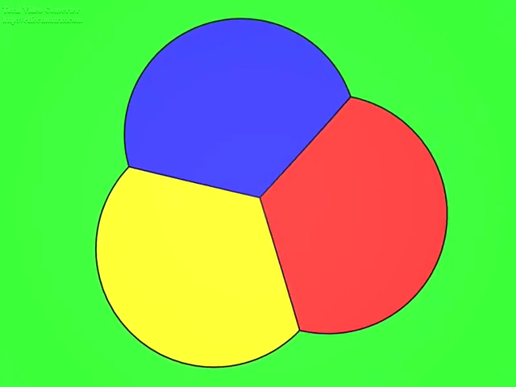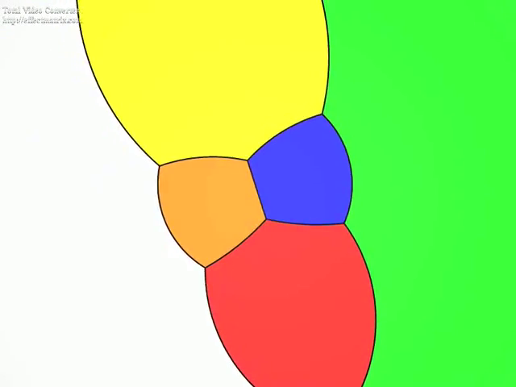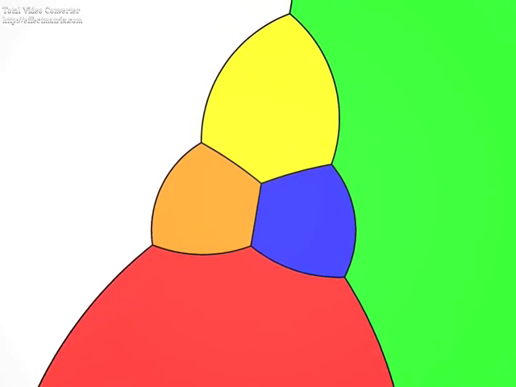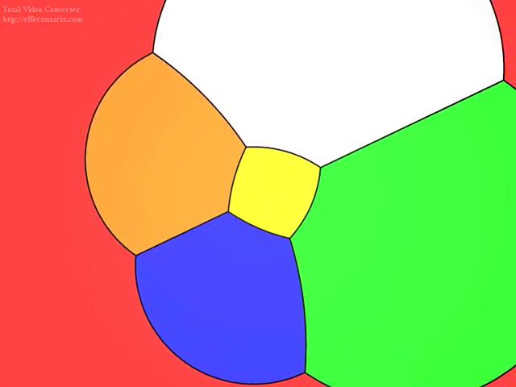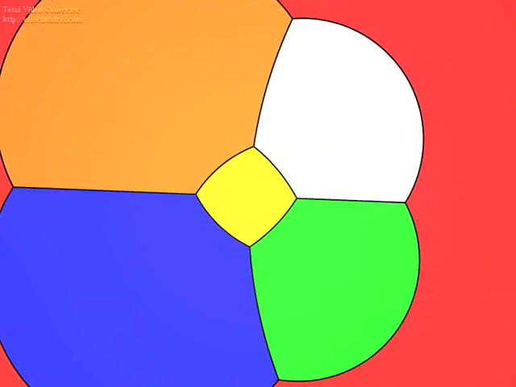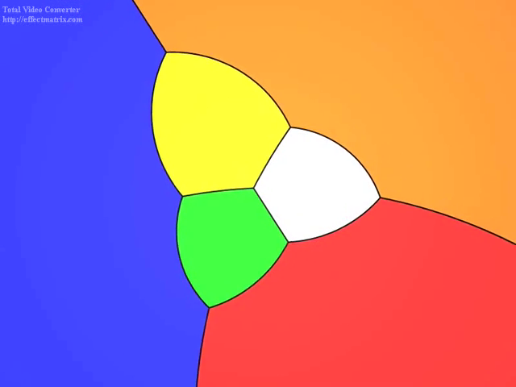There, it's a tetrahedron. Now, what's this one? 6 faces, each with 4 edges. That's right, it's a cube.